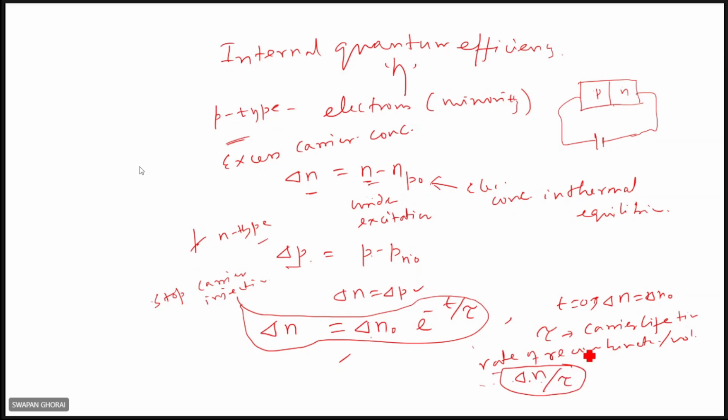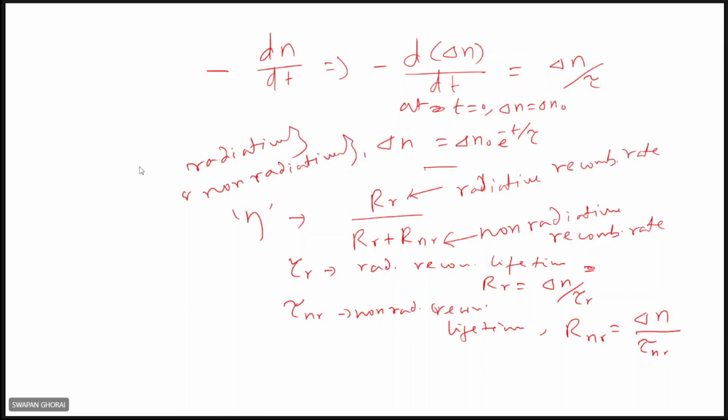Because of recombination there is a rate of reduction in carrier density, dn upon dt. These two are equal and opposite, so we have a negative sign.